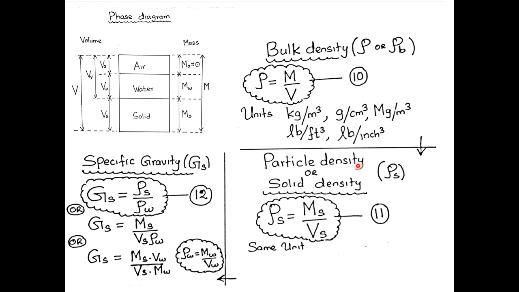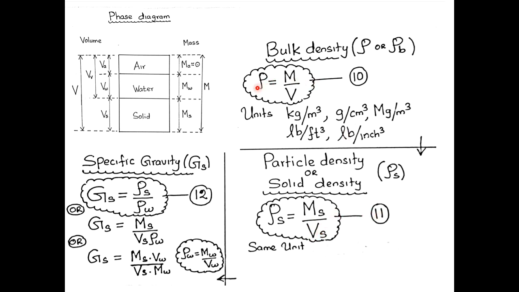Then particle density or solid density, notation rho S. Rho S is equal to ms over Vs. Particle density rho S is equal to mass of solid, or oven dry mass, over volume of solid. That is a definition. Equation number 11.